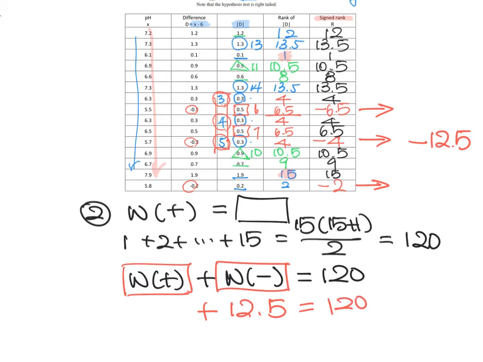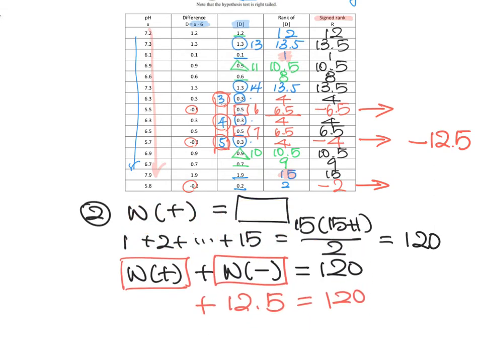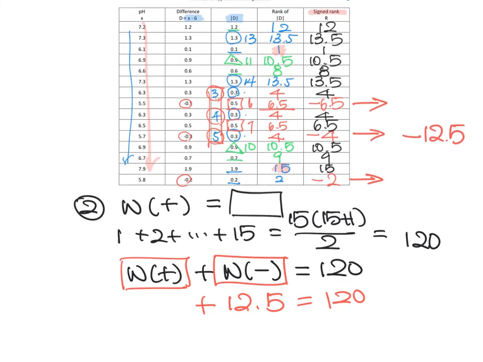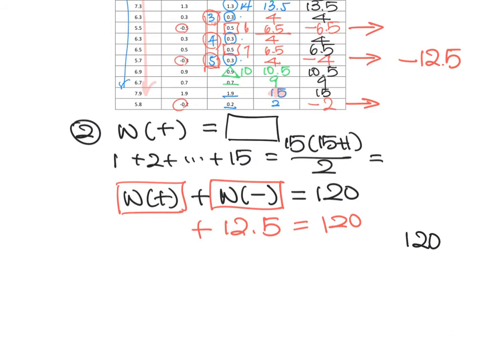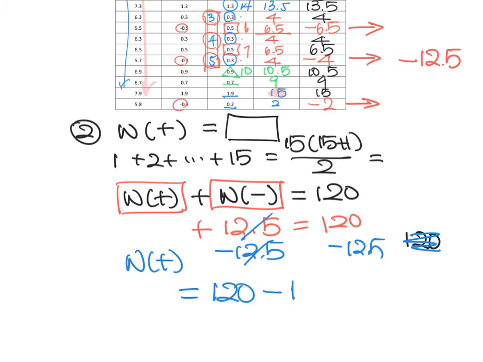So simply, the sum of the positives is 120 minus 12.5, that will be 107.5.